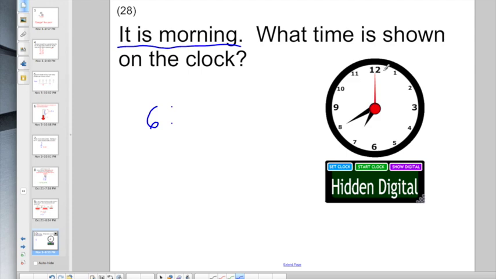So it's 6 what? 5, 10, 15, 20, 25, 30, 35, 40. And lastly, because they said it is morning, it is 6:40 a.m., right? That one's not too tough.